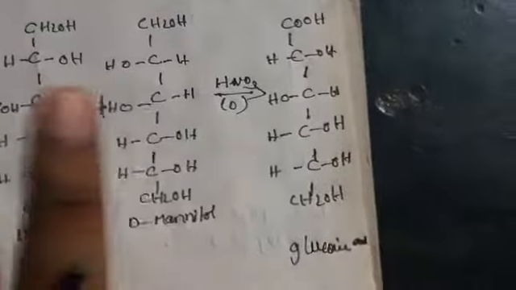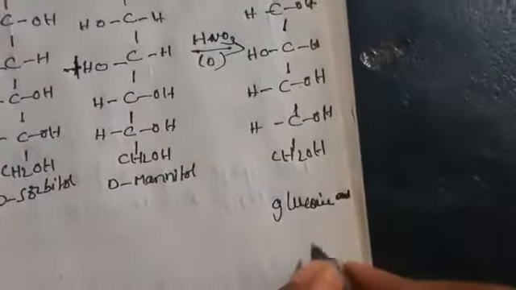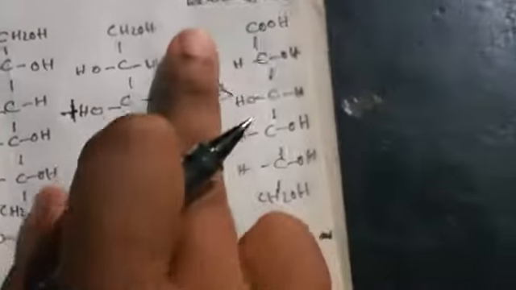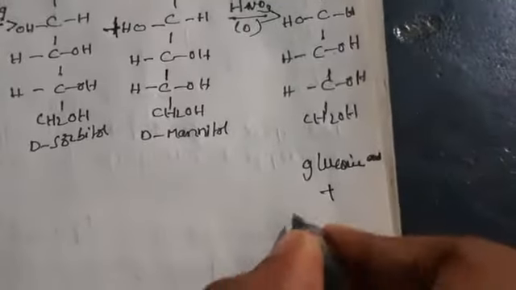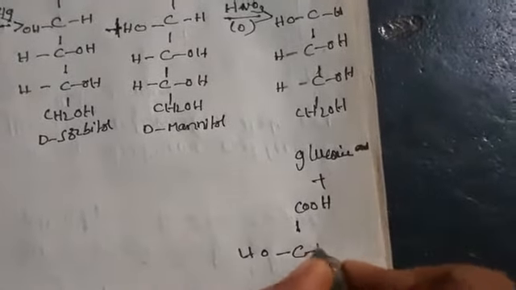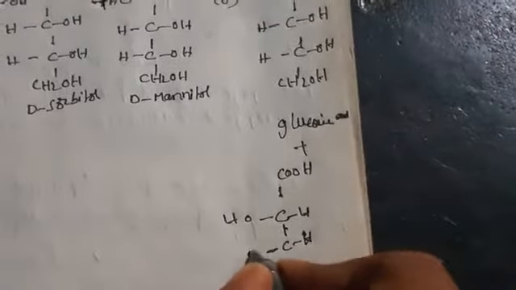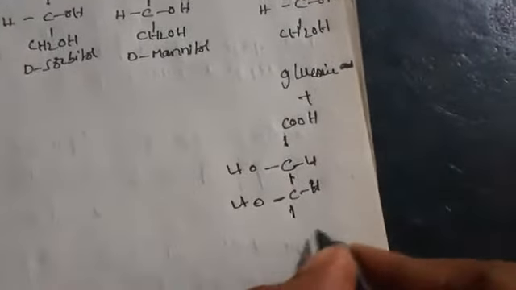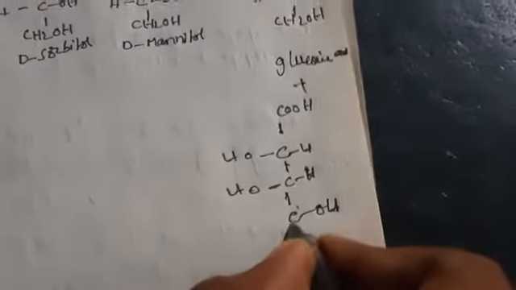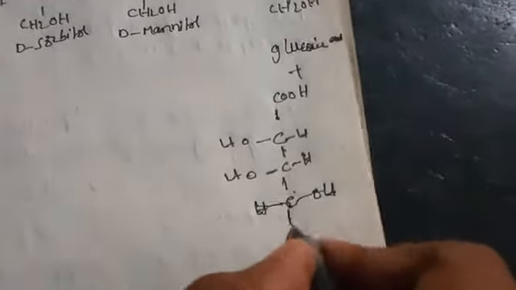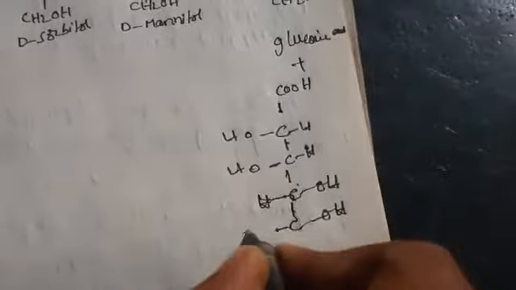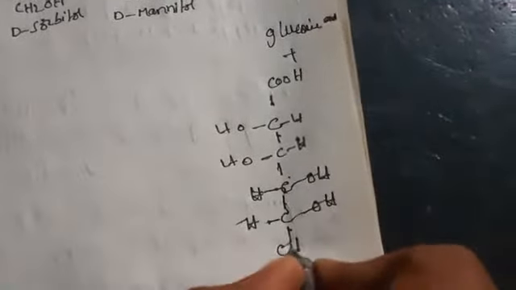Then this molecule is also there now. What is this molecule you are getting? The OH will be on the left side. That one we call mannonic acid. COOH, CHOH, HOH, CHOH, CHOH, CH2OH.